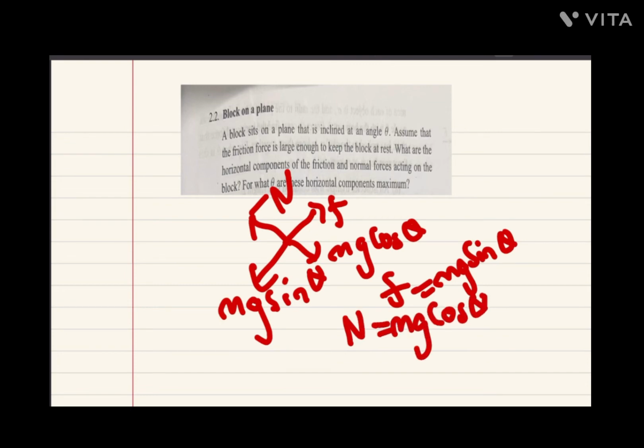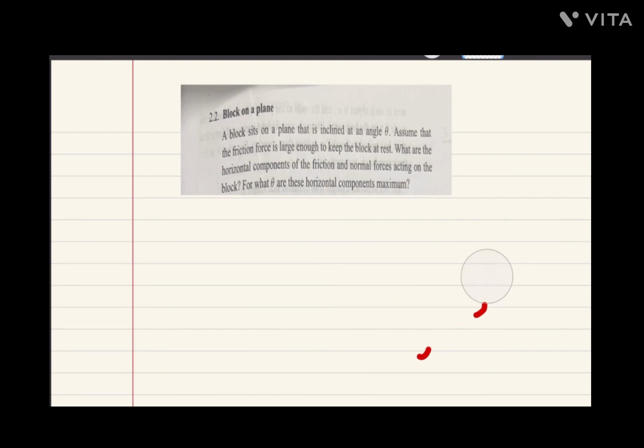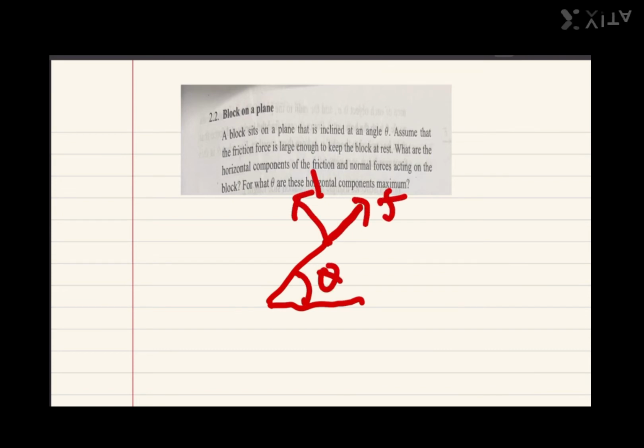Now how do we find their horizontal components? So let's draw the diagram again from the first. Friction is mg sin theta and normal force is mg cos theta. Now the frictional force is like this and normal force is like this. Let's forget about the other forces. Now if I extend this line, we know this angle is 90 degrees, since it makes an angle of 90 degrees with the inclined plane.